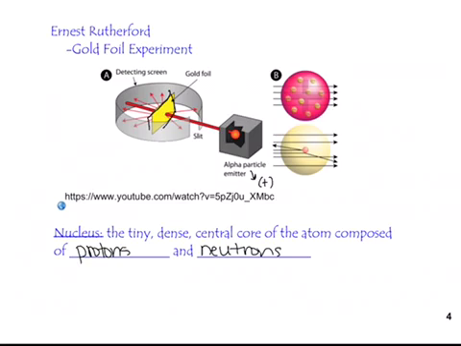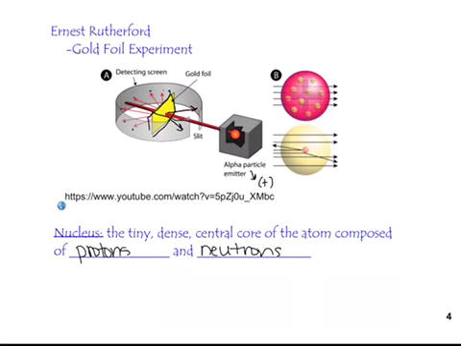And I always think of this as like aluminum foil, but a piece of gold instead. And what he saw was that the majority of these positively charged particles went straight through and hit the back of the detecting screen. But every once in a while, one of these particles would deflect on that detecting screen, not off that straight path. It would be almost like they got deflected, and some even bounced straight back.